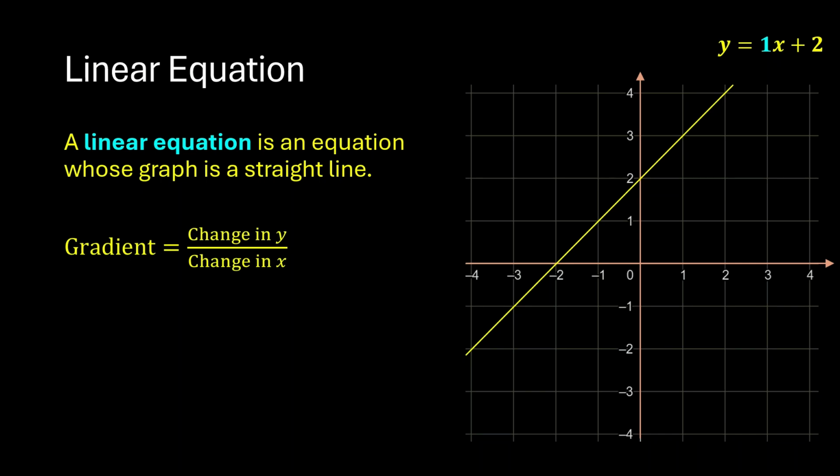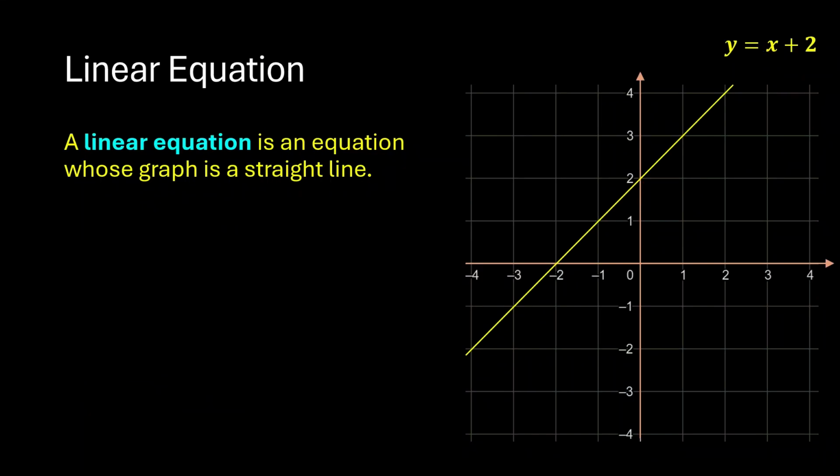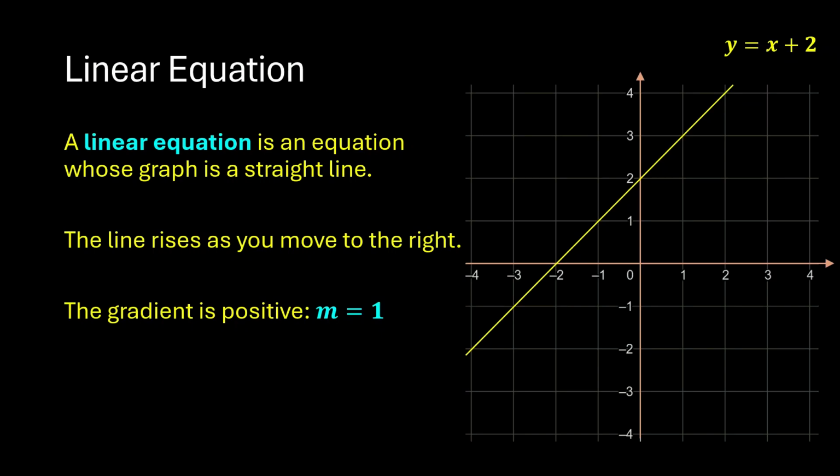So in our example, this is equal to 1 divided by 1, which equals 1, as shown here. The line rises as you move to the right. Notice that the gradient is positive, m equals 1.